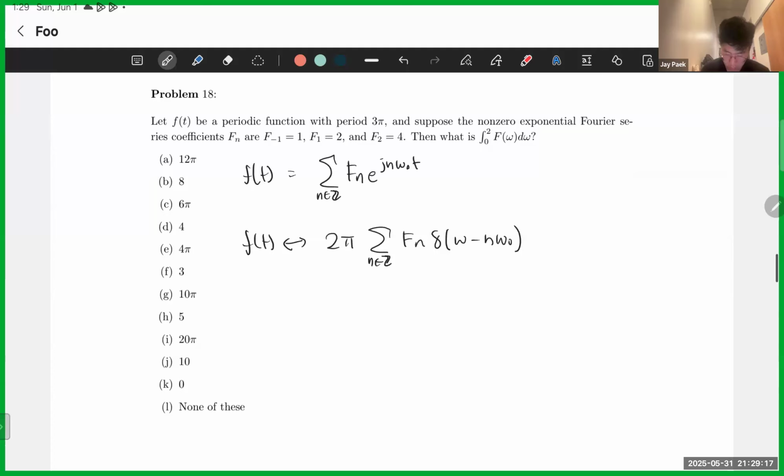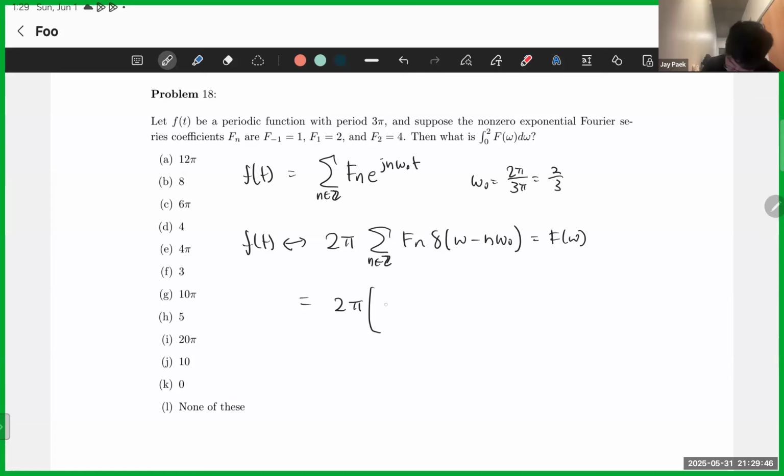And so now we can immediately deduce that our Fourier transform is equal to 2 pi times, and you have deltas to the point where it's very easy to evaluate. And omega naught is equal to 2 pi over 3 pi, which is equal to 2 over 3.